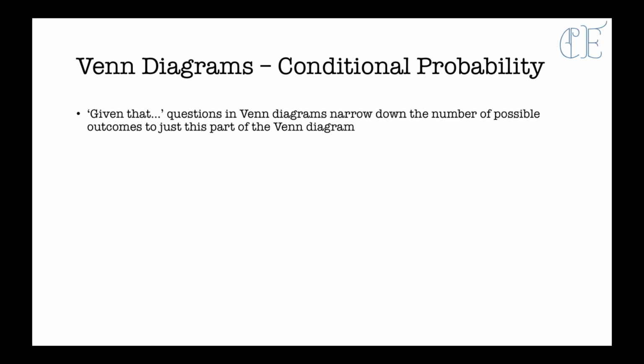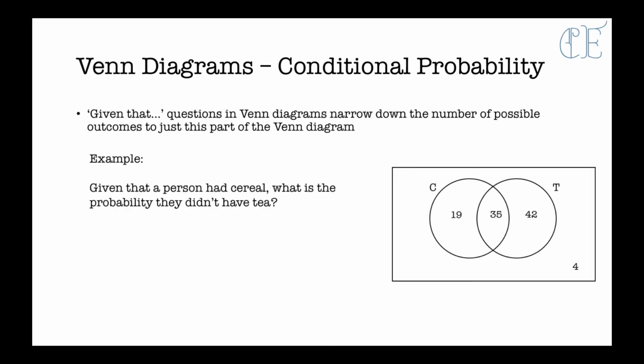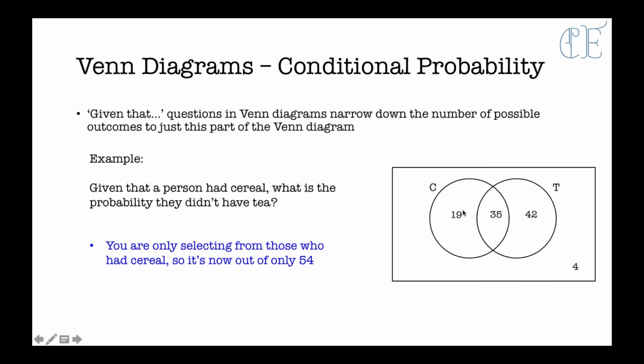These types of questions narrow down the number of possible outcomes to just part of the Venn diagram. So for example, given that a person had cereal, what is the probability that they didn't have tea? You are only selecting from those who had cereal, so it's now only out of 54. Those that had cereal are this 19 and this 35.